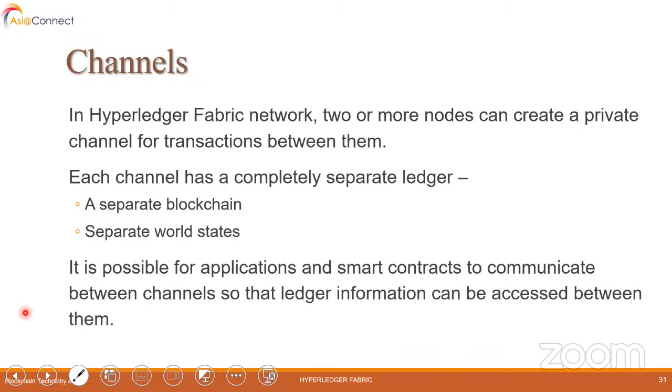It is possible for applications and smart contracts to communicate between channels, remember. That is what we call interoperability as well, so that ledger information can be accessed and shared between them.